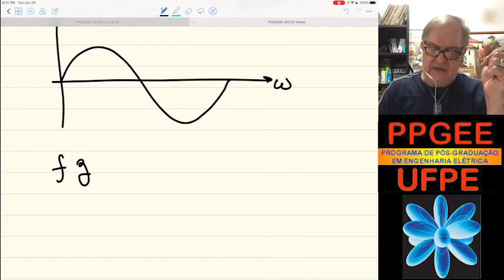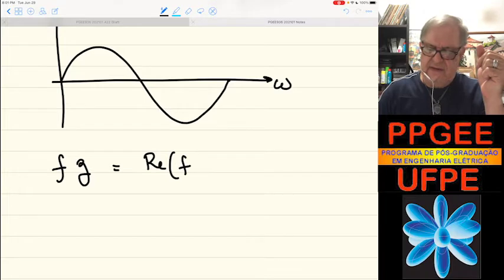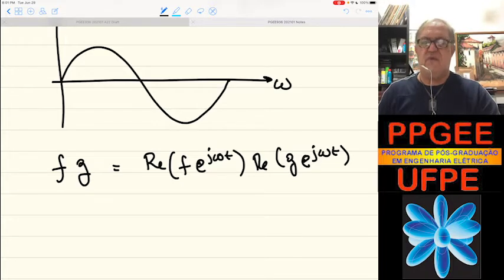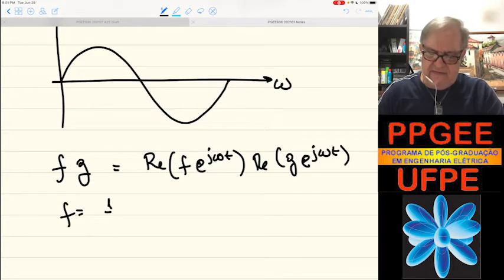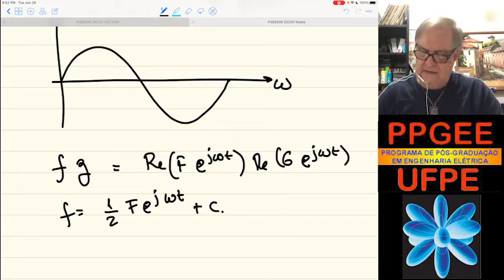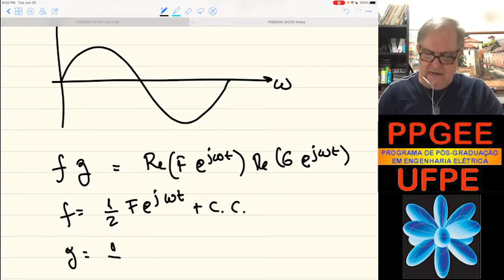And this is equal to the real part of f times the real part of g. Or if you want, you can write f as 1/2 of f exponential plus the conjugate, and g the same thing.